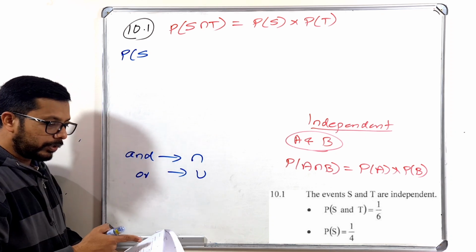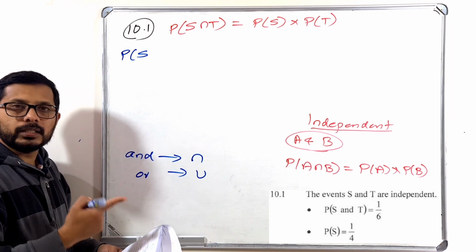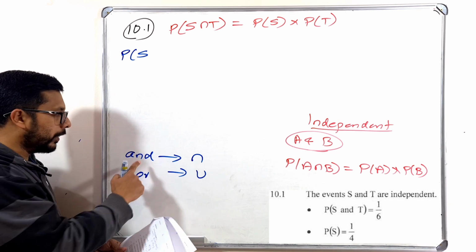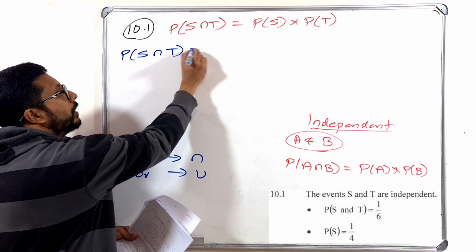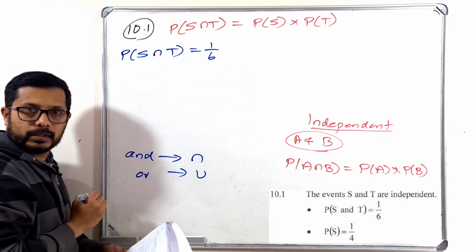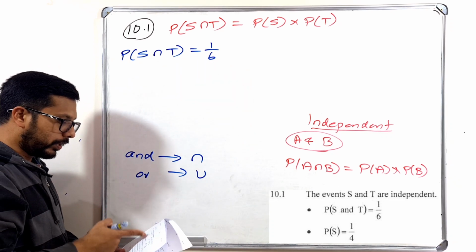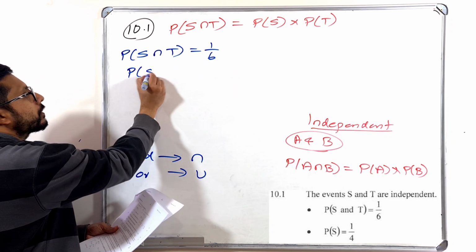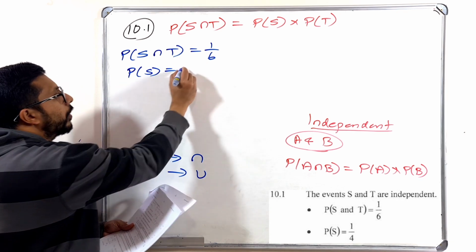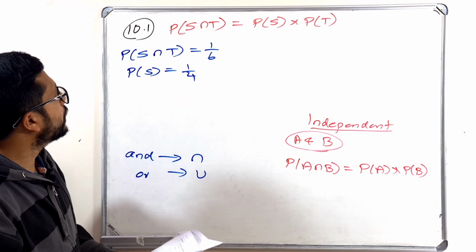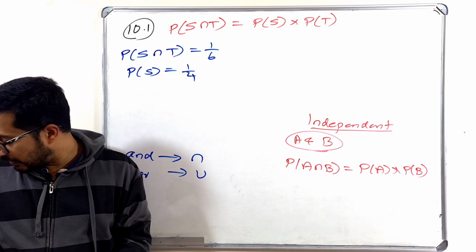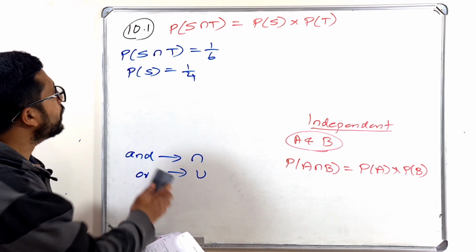So here, the probability of S and T is 1 over 6, and 'and' means intersection. So the probability of S intersection T is equal to 1 over 6. What is the second one given? The probability of S is equal to 1 over 4. So these are the two quantities given.